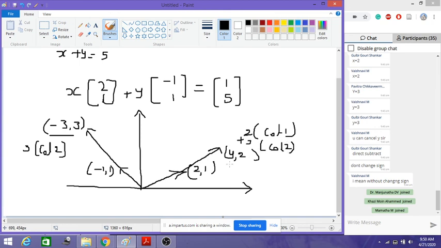Now we have to add this term with this. So minus 3 plus 4, we will get 1. So 1 might be here in the first quadrant. Then 3 plus 2, we'll get 5, so we have the point in the first quadrant, somewhere here. Finally we get this answer as 1 comma 5.